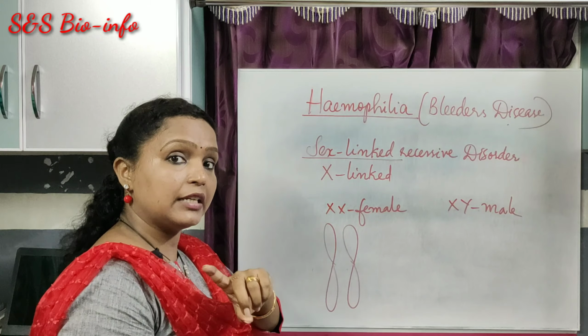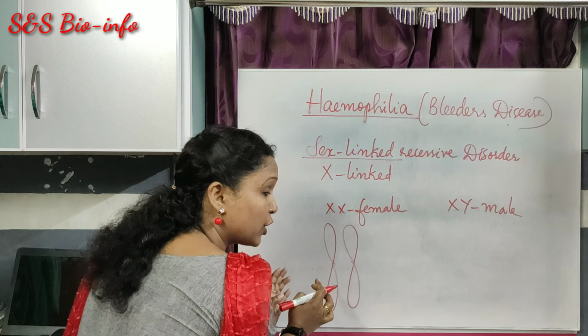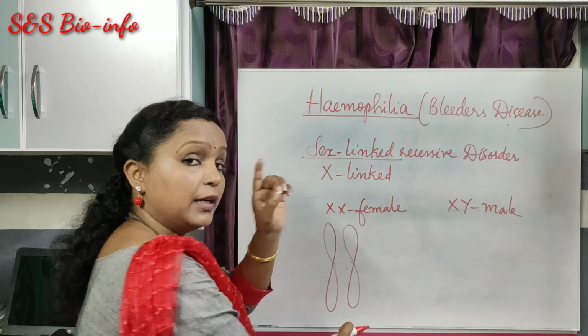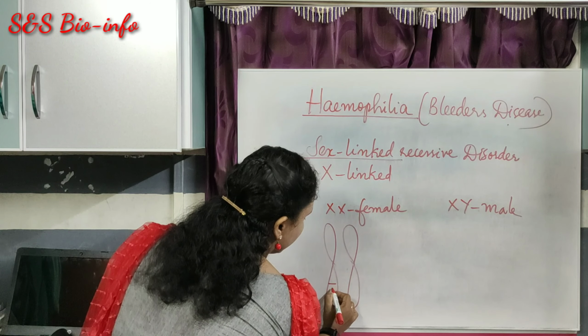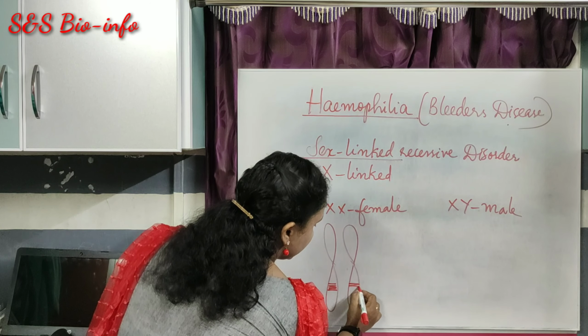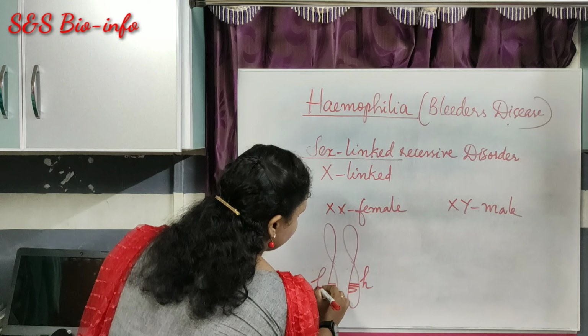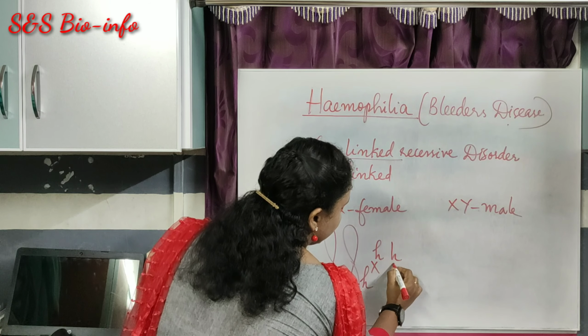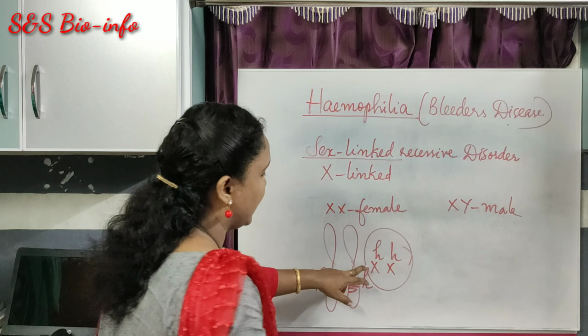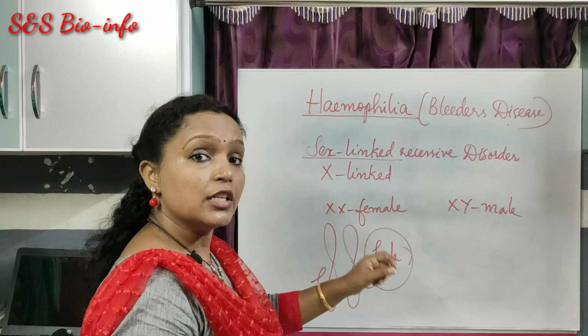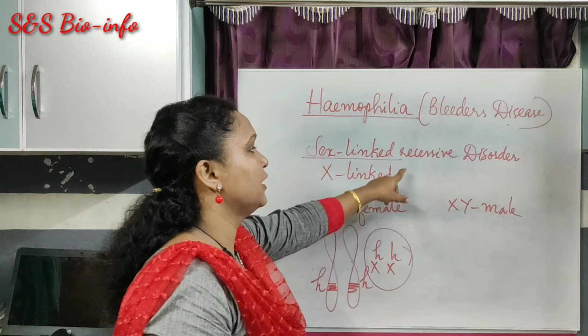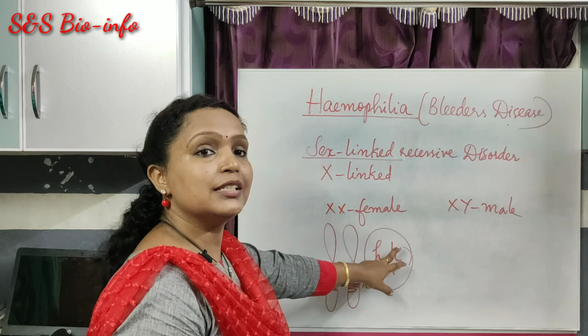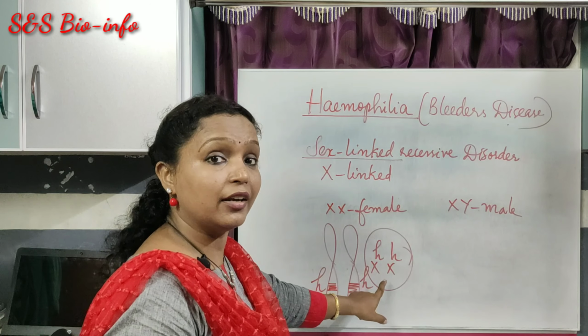If these recessive alleles are present on both X chromosomes, the female will be hemophilic. The genotype can be represented as hh, like XhXh, where small h represents the recessive allele. So this is the hemophilic condition in a female.